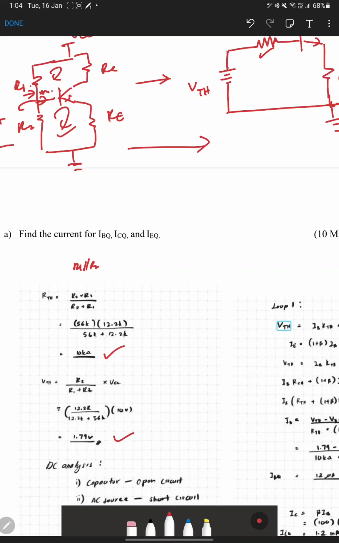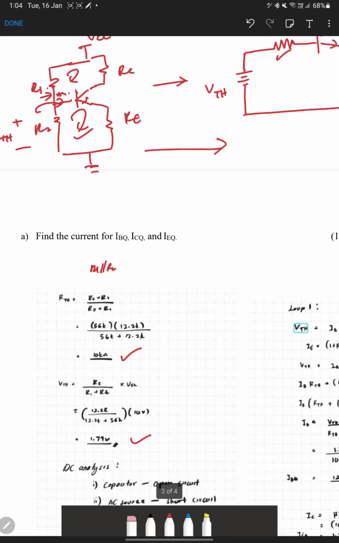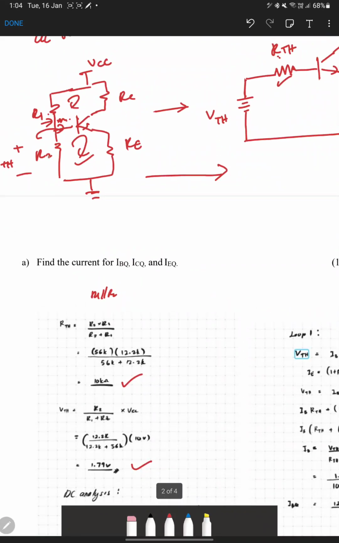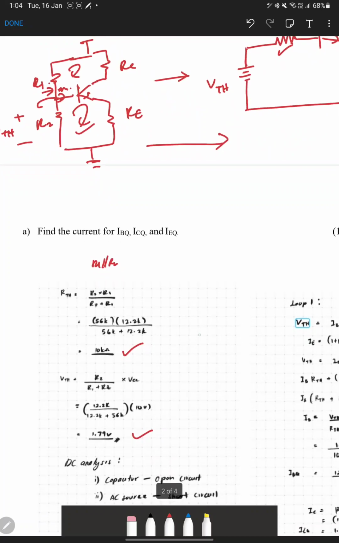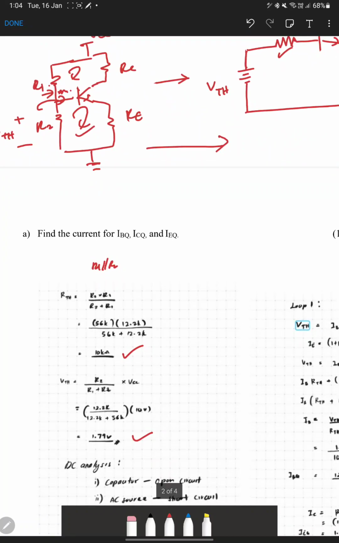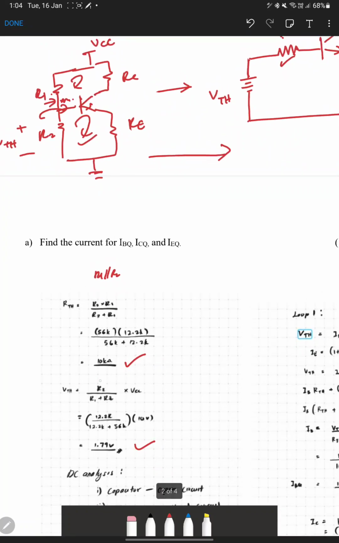Then for VTH, the voltage drop at R2 is the voltage entering the transistor. So VTH equals R2 over R1 plus R2 times VCC. Replacing the values, we get VTH equal to 1.79 volt.